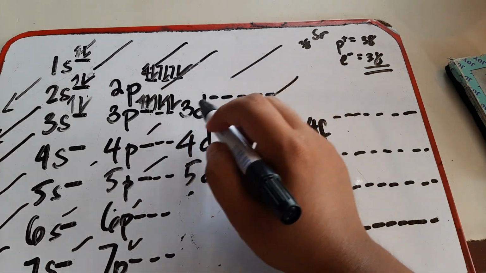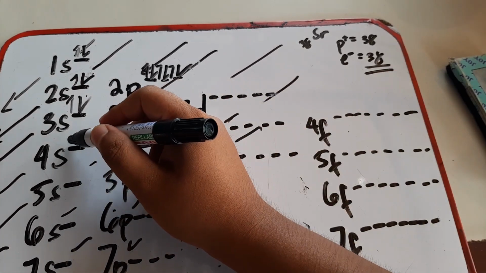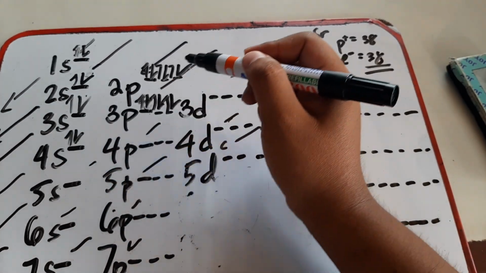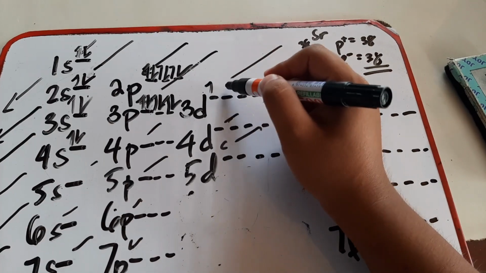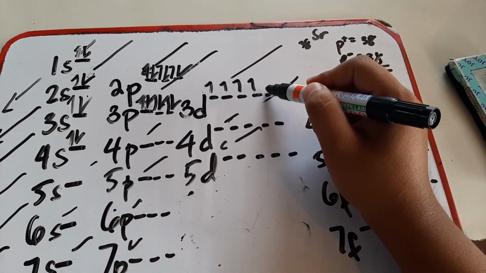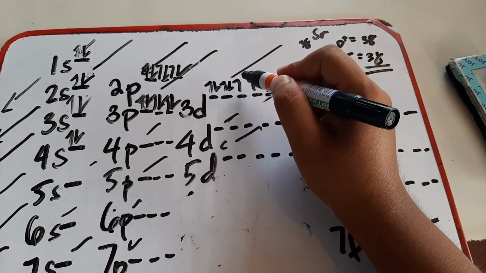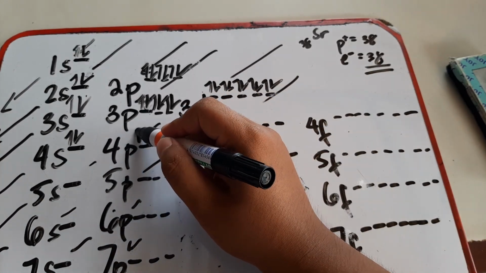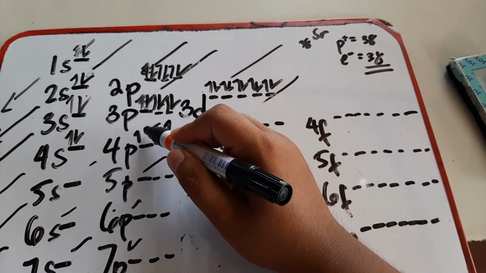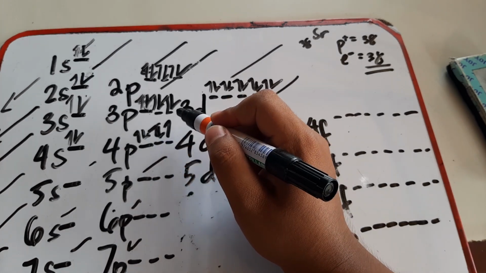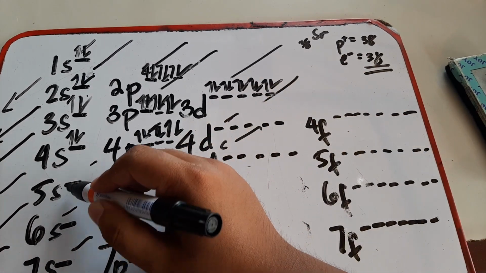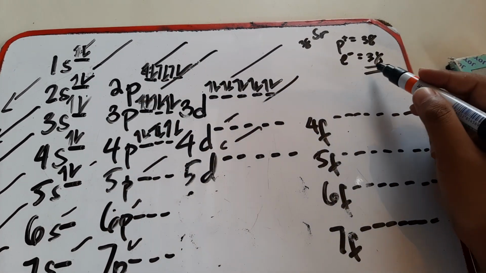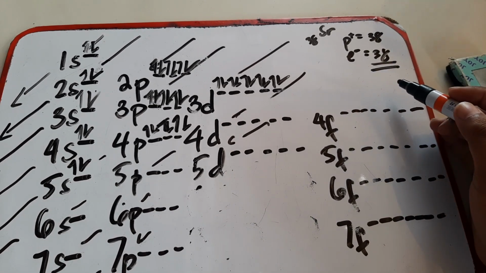Then, before proceeding to 3D, dito na tayo. 19, 20. And then, dito na. 21, 22, 23, 24, 25, 26, 27, 28, 29, 30. Yan, 4P, 31, 32, 33, 34, 35, 36. And then we go here. 37, 38. Yay! We have now the 38 electrons. Diba? Parang Dora the Explorer lang.